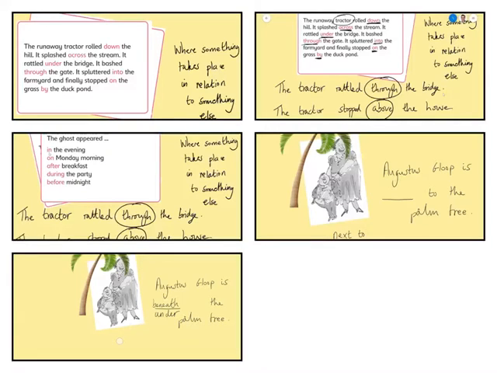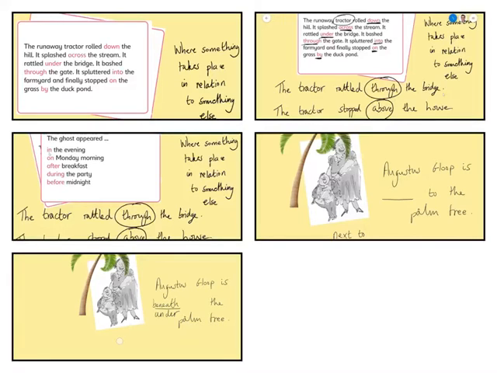For example, the tractor rattled through the bridge. It doesn't really make sense, does it? Rattled through the bridge? That's a strange one.